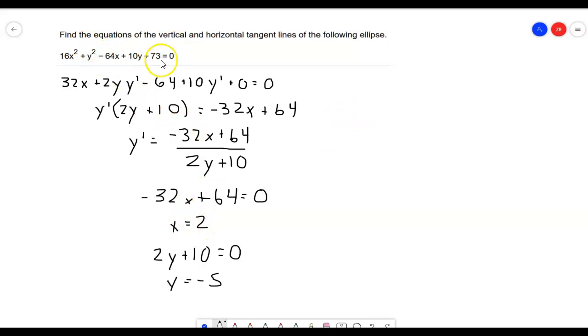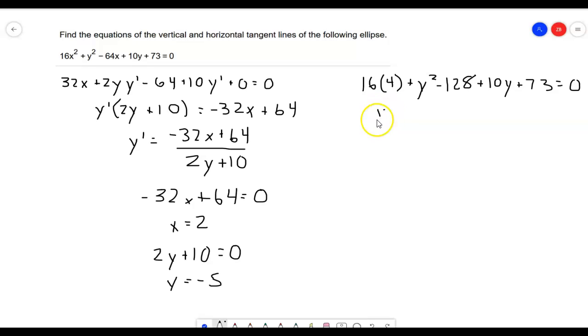So I'm just going to plug that into my original function there. So that's going to be 16 times x squared, 2 squared, which is 4, plus y squared minus 64 times 2, which is 128, plus 10y plus 73 is equal to 0.